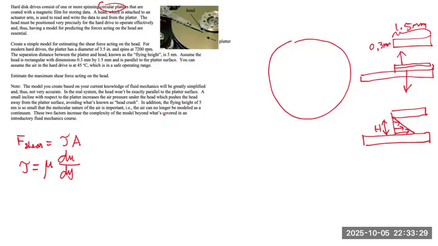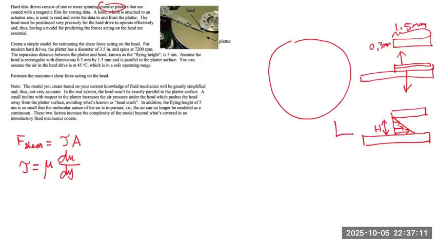And we evaluated at... so since we want to estimate the maximum shear force acting on the head, we're going to use the place where we experience the maximum shear stress according to the Couette flow, which is going to be at the place where the platter is spinning, and that is at a height of y equals 0.